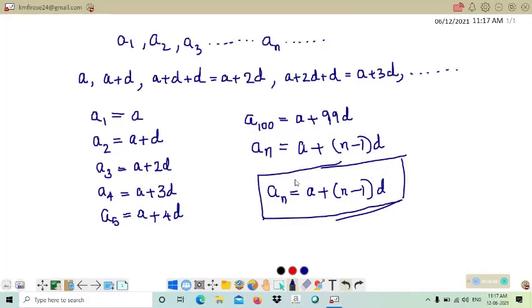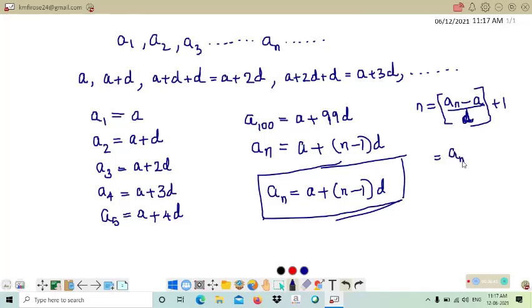Now from this general term, the nth term, we can find the number of terms. The number of terms n can be found from this equation: n is equal to (an minus a) divided by d, plus 1.